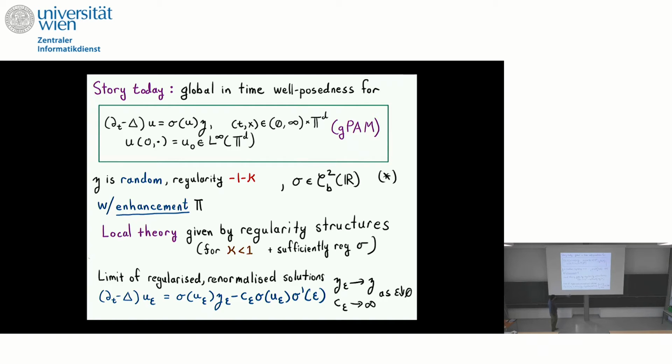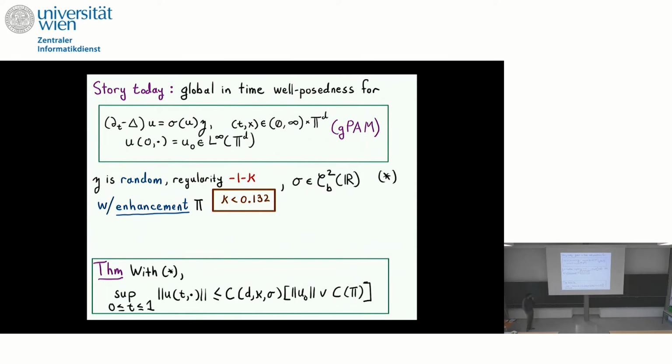I can introduce a regularization scale epsilon, use that to regularize the noise, solve an equation with the regularized noise, insert a renormalization counterterm, which is the second term on the right-hand side, and then try to get a limit as I remove the regularization. Generically, we expect these renormalization constants to explode as we remove the regularization. So this is another way to think about what I mean when I say solution.